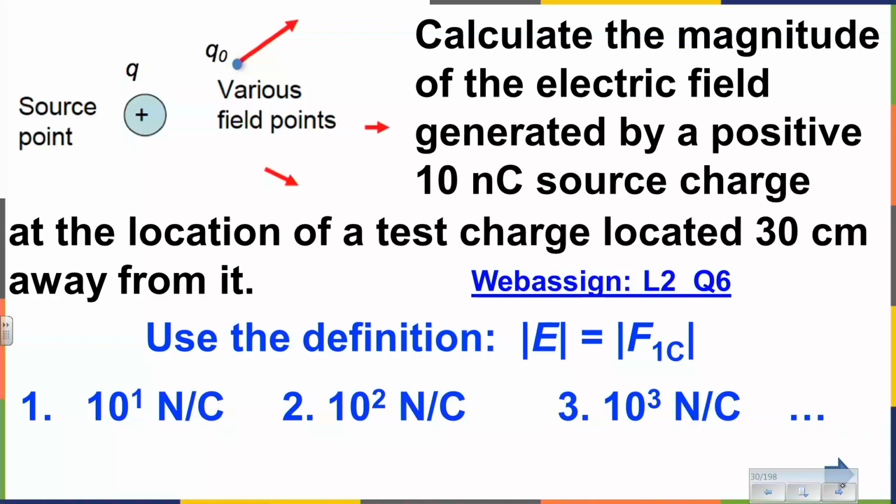So a source charge generates electric field. A test charge is feeling electric field, but it is all in our mind. We could call them differently, opposite. It all depends on the specific situation.